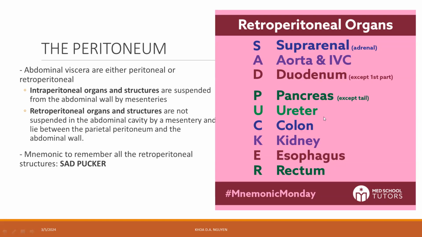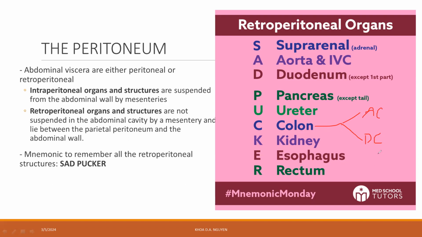All right, now the ureter is also retroperitoneal because the kidneys are retroperitoneal. Now the colon is an interesting case because it says colon here, but not every part of the colon is going to be retroperitoneal. There are only 2 parts of the colon that are retroperitoneal, and those parts are the ascending colon and the descending colon.